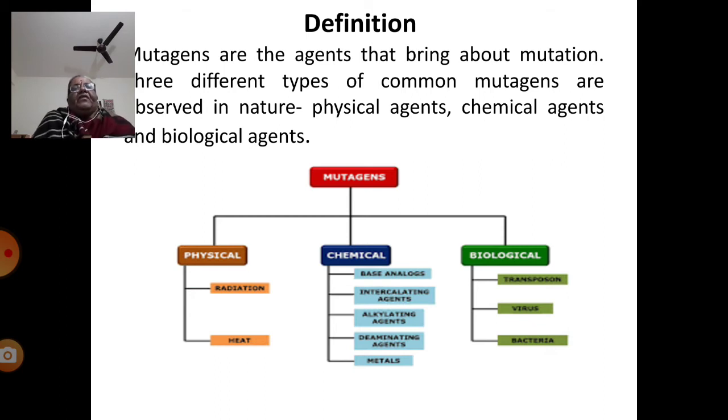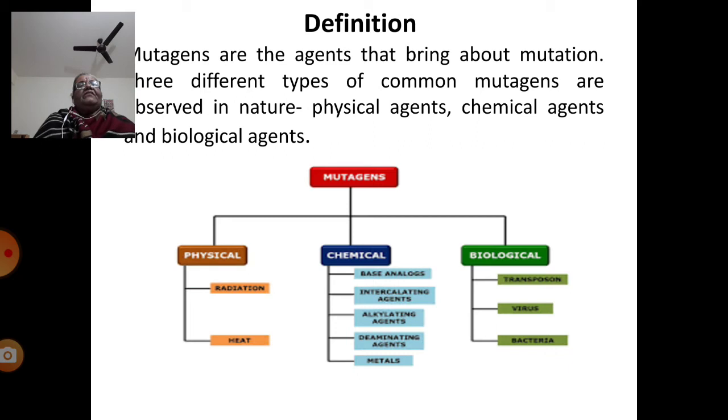Now, what is the definition? One more question normally asked. Mutagens: muta means mutation, gen means to produce. Any agent that is responsible for induction of mutation is called mutagen. These are the agents that bring about mutation. Three different categories of common mutagens are observed in nature.